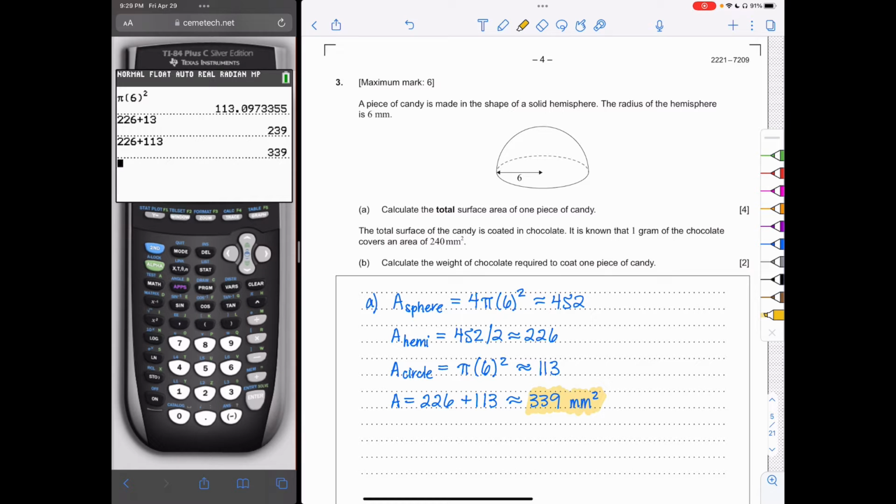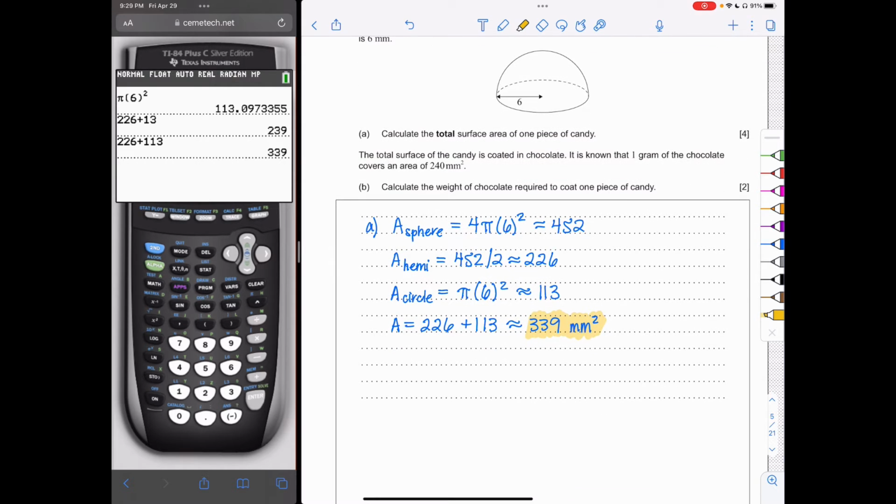So now part B, it says the total surface area of the candy is coated in chocolate. It is known that 1 gram of the chocolate covers an area of 240 millimeters squared. So if I have a total of 339 millimeters squared and I want to see how much weight my chocolate should be, I can just take 339 and divide it by 240.